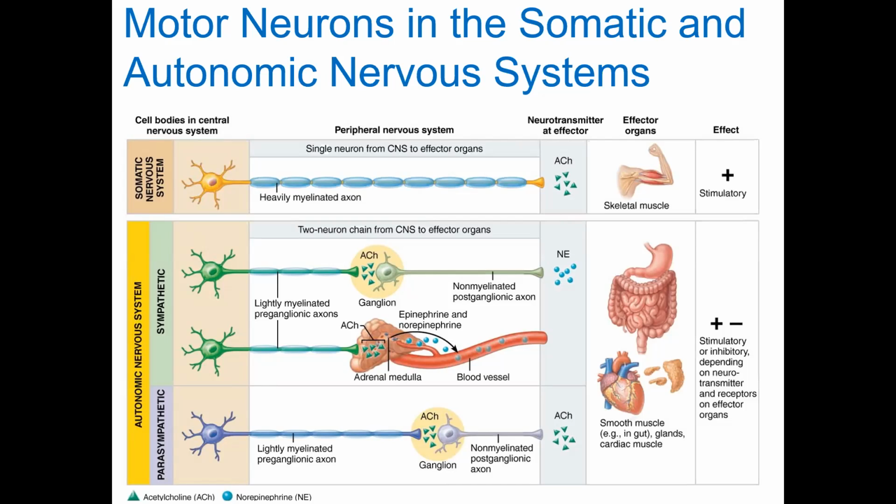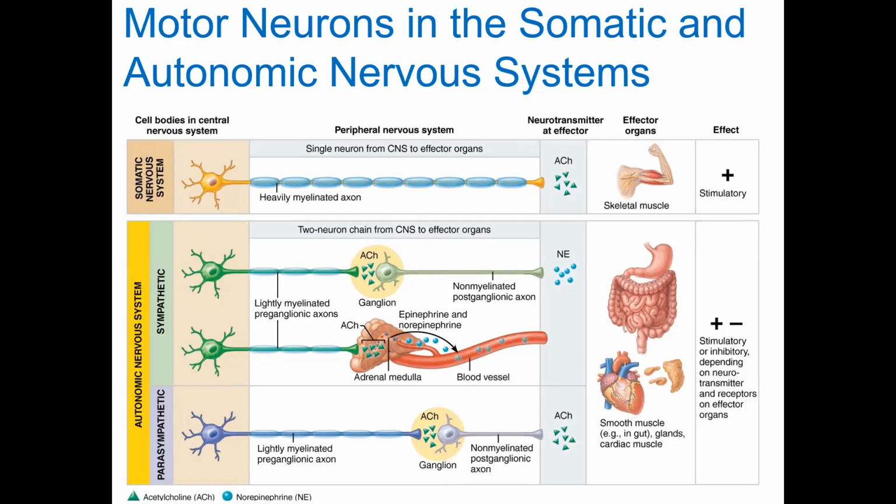Now, the autonomic system is broken out into two components, the sympathetic and the parasympathetic. I'll tell you right now, the sympathetic side is the fight or flight side. It is not the dominant side. Parasympathetic is the dominant.